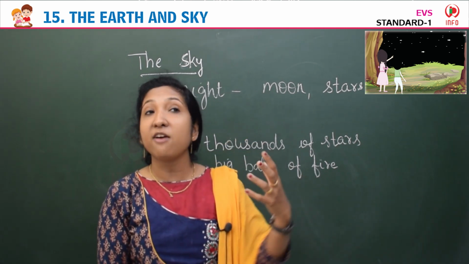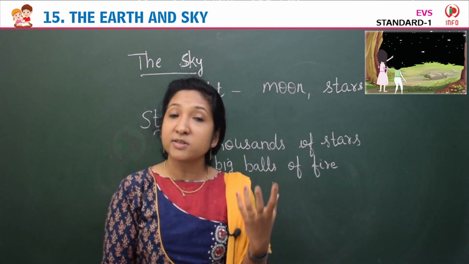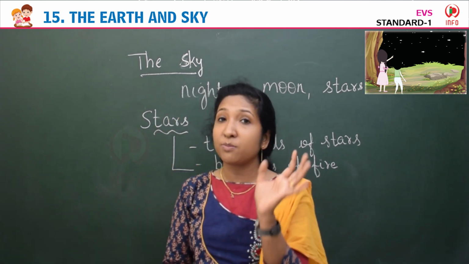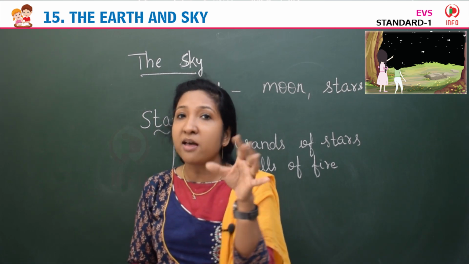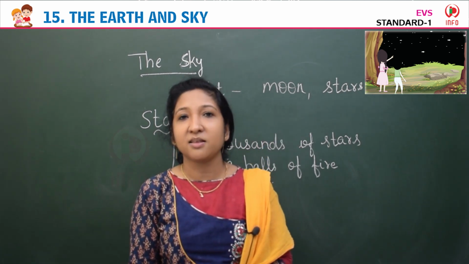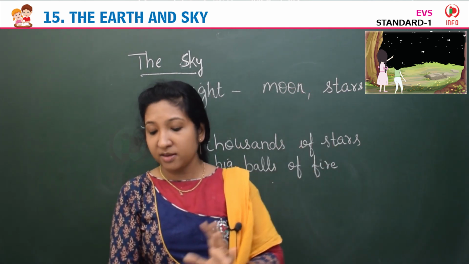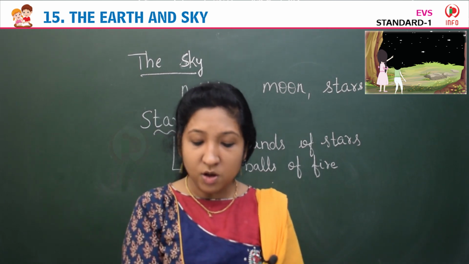From earth when you see the stars, they look like tiny dots, isn't it? But actually its size is big because they are very far.